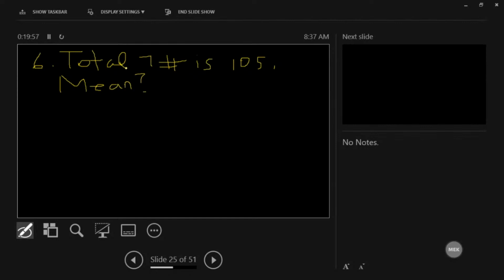All right. Number 6. The total of 7 numbers is 105, and we want to know the mean. So they give us the total already. It's 105. How do we find the mean for number 6?